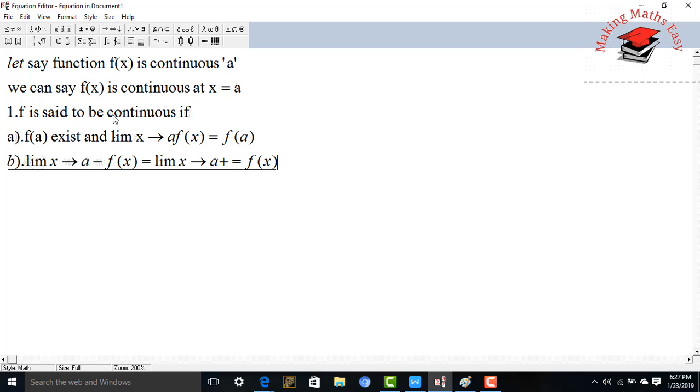So we can say that this is equal to f of a. So f of x is continuous at x equal to a if and only if these two conditions hold.